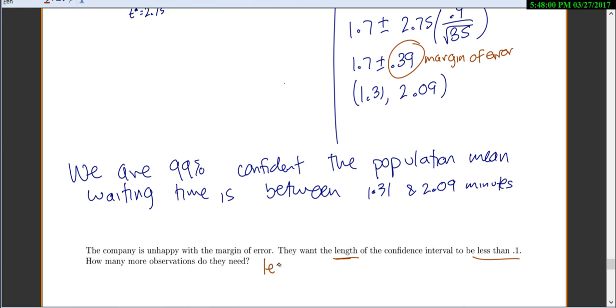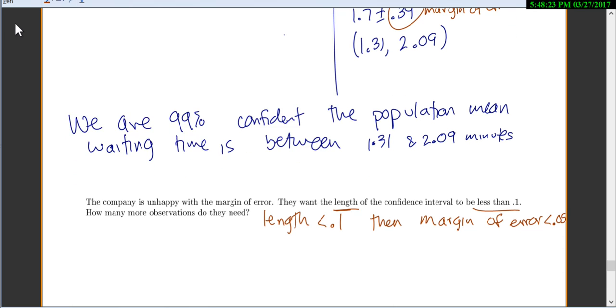If the length is less than 0.1, then your margin of error is less than 0.05. So we just divide it by 2. The margin of error is half of your length.